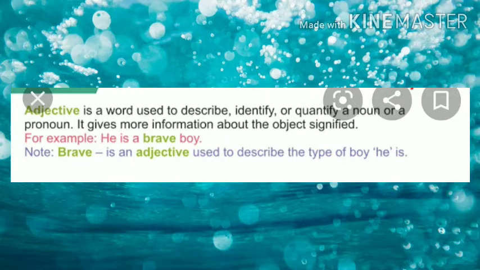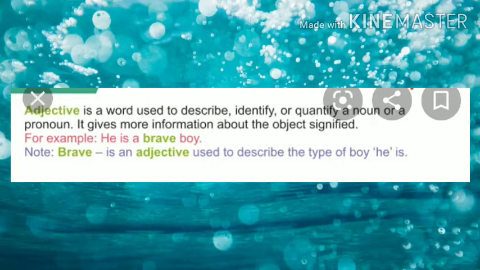We are mentioning him as a brave boy. The word brave is called an adjective, used to describe the type of boy he is. It gives how the boy is. That word is called an adjective.